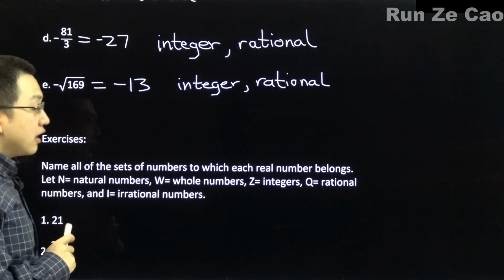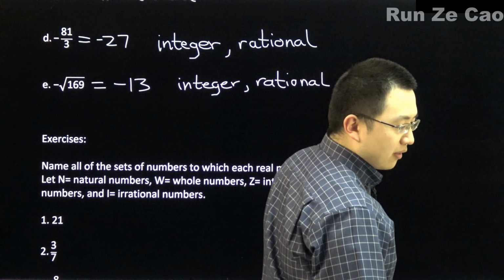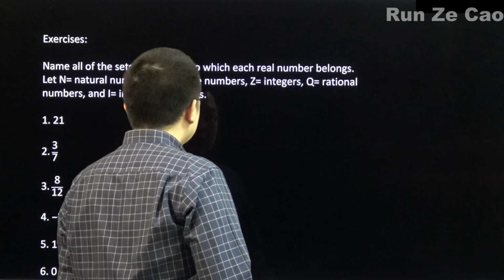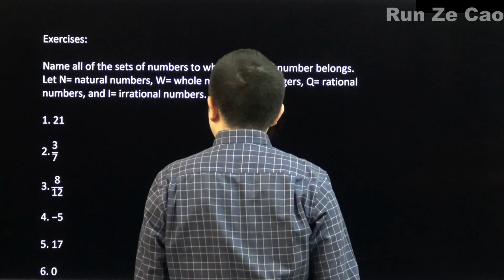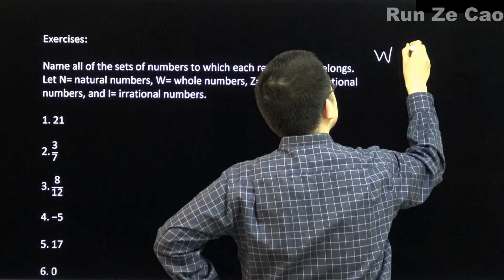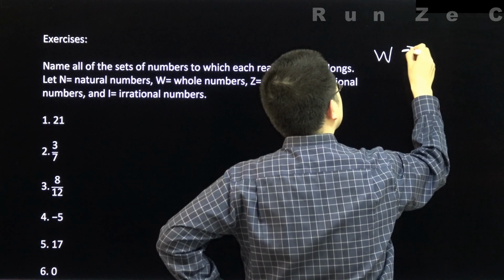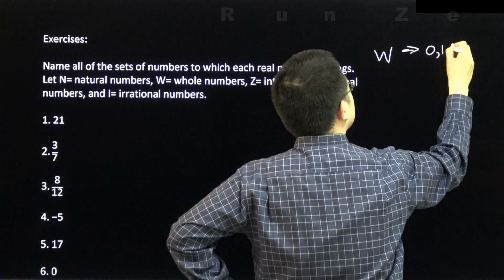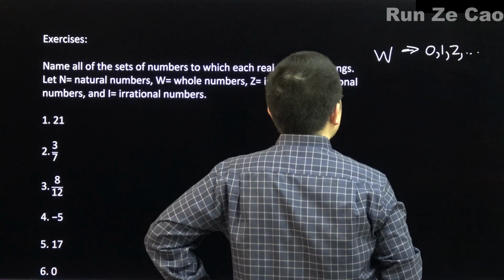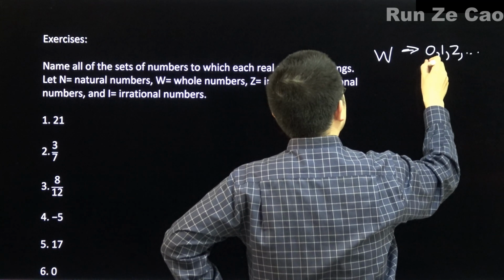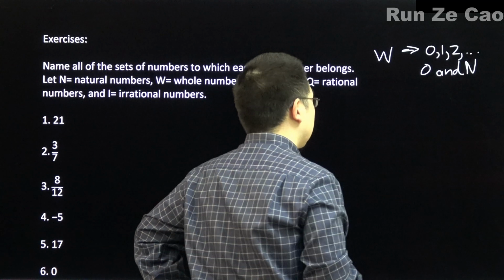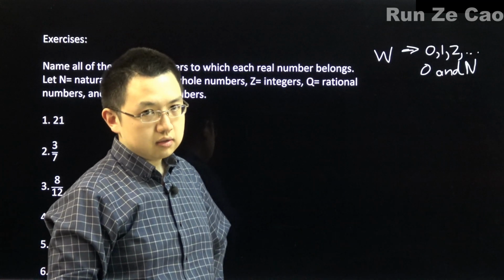Now, in the United States, you have some specialness, American exceptionalism. Yeah, in the US, whole numbers refers to 0, 1, 2, and so on. So, in other words, 0 and all the natural numbers as the Americans reckon it.